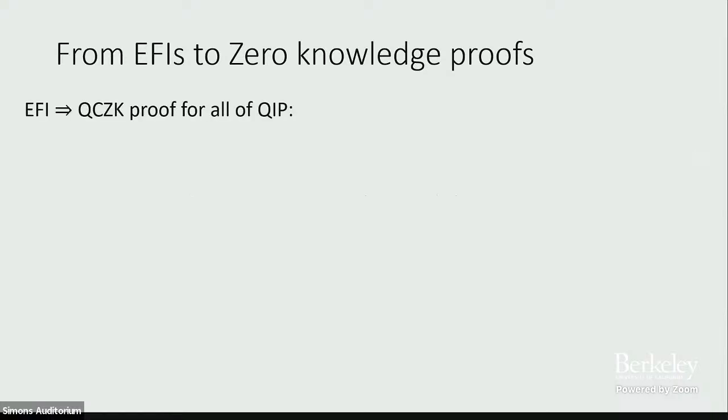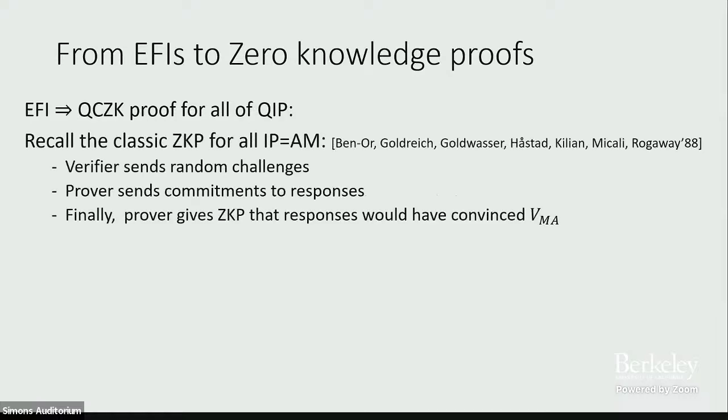What about proofs for all of QIP? We would like to invoke the classical ZKP for all of IP. If you remember what was happening there, there was an AM proof, and then what was the protocol?